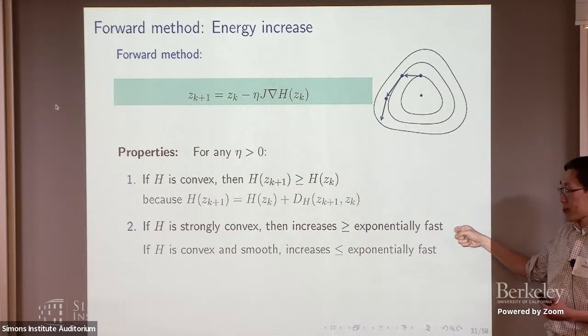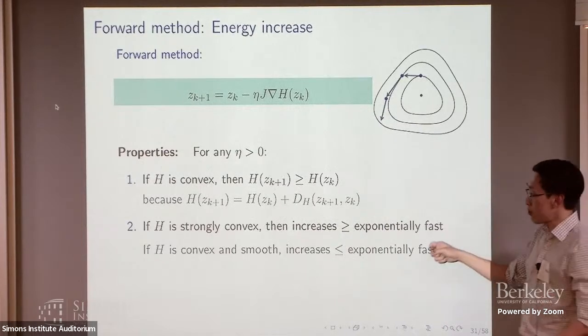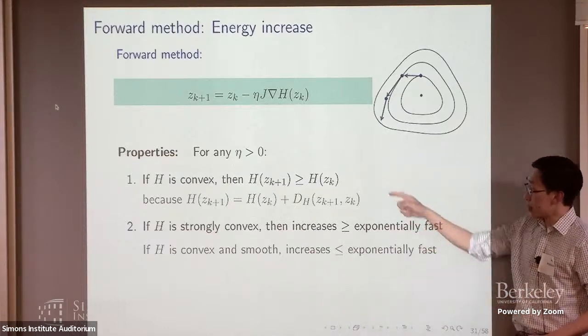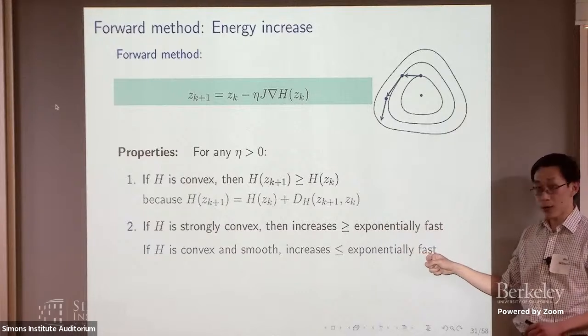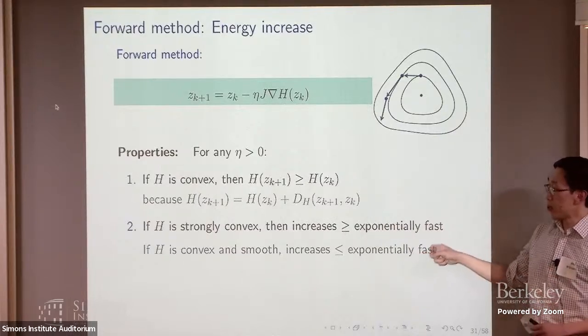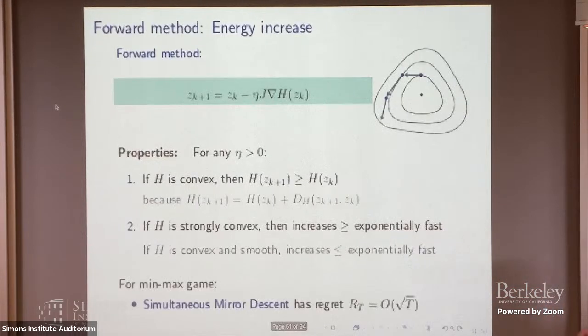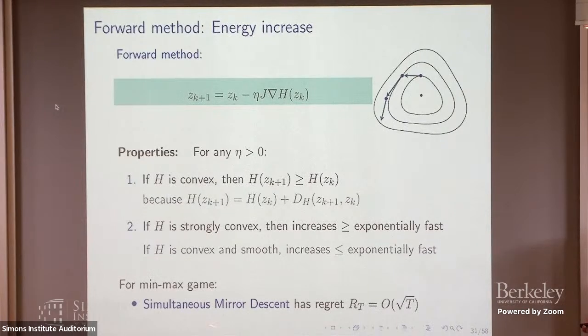But it turns out that we can also show an upper bound. So if you assume that H is convex and smooth, then the energy function can increase at most exponentially fast. So your behavior is actually constrained. It really grows exponentially fast up to some rate. And for the min-max game, as before, this translates to the statement that simultaneous mirror descent has the square root T regret bound.